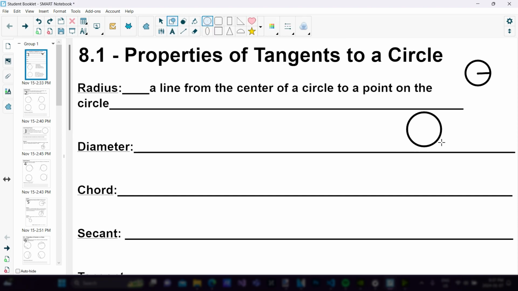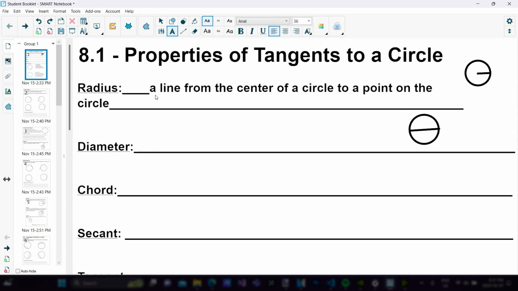So that would mean the diameter of a circle is, if the radius is there, the diameter is actually double the radius.